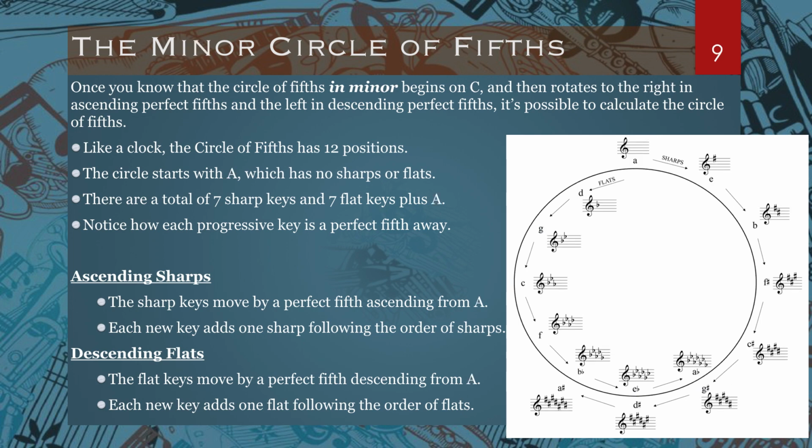The minor circle of fifths is the same thing, except instead of starting on C major, we start on A. So one way to figure out the difference between your major and minor circle of fifths is to start with your major and count up 6 scale degrees.